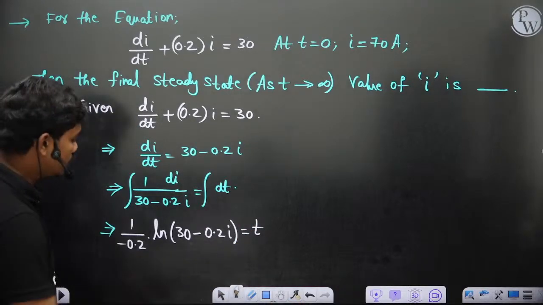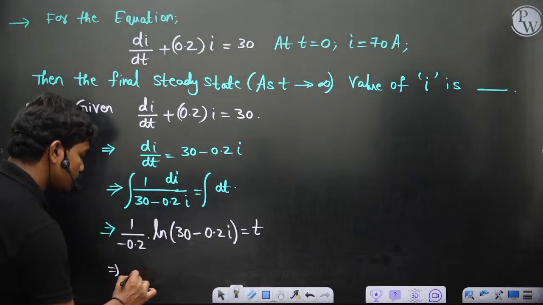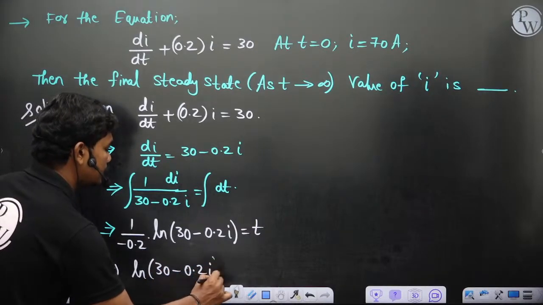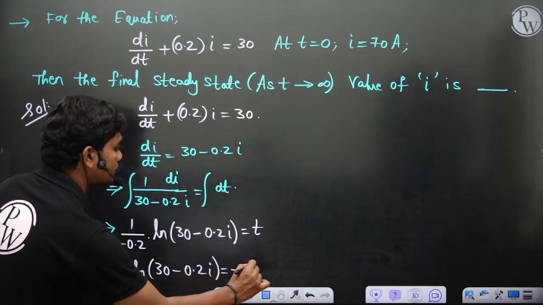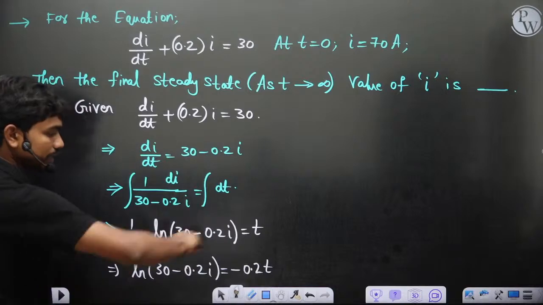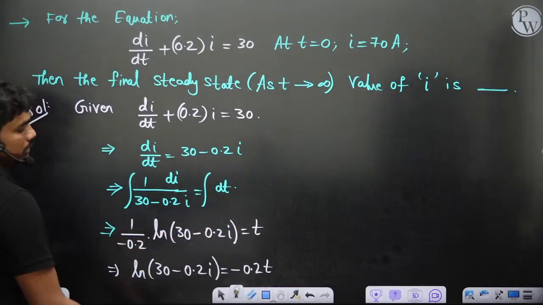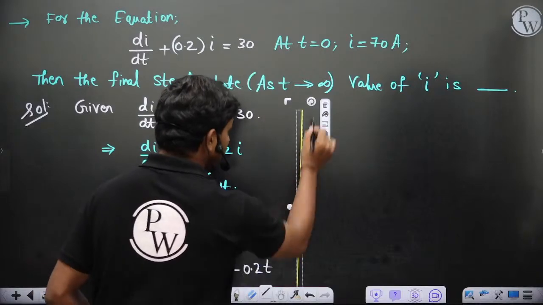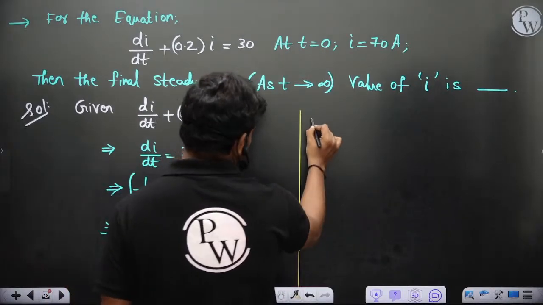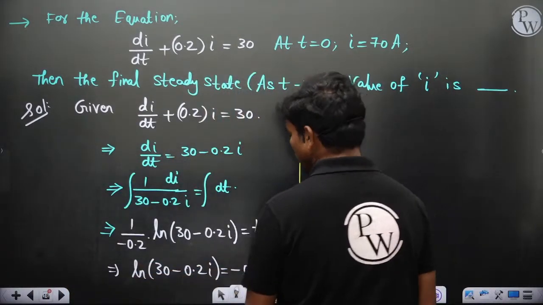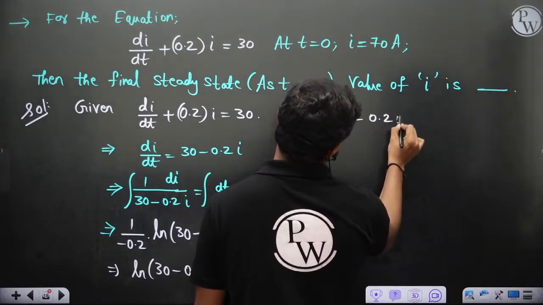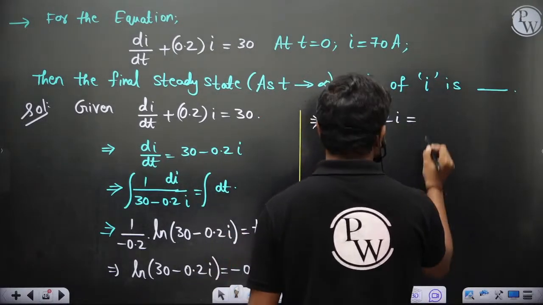Ultimately, if you multiply to the other side, ln(30 - 0.2 I) = -0.2 t. Ultimately if you solve this, ln will go, and 30 - 0.2 I = e^(-0.2 t).